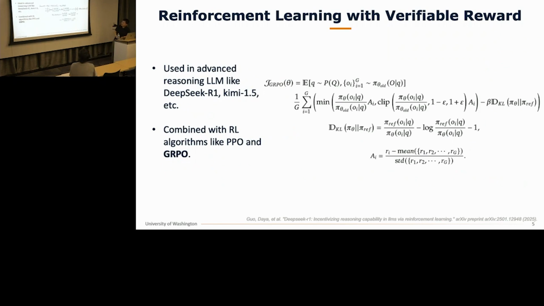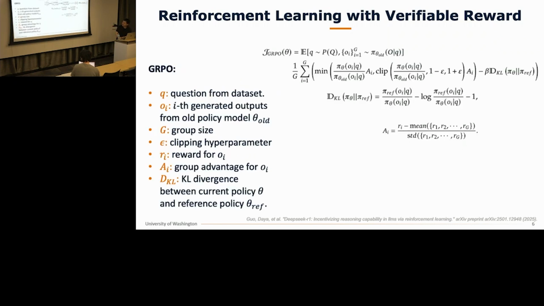I said it's become more and more popular because DeepSeek used the verifiable reward and achieved pretty high accuracy on some common benchmarks. In their paper, they claim to use a new algorithm called GRPO, with this formula, which is even stronger than the previous algorithm like PPO.